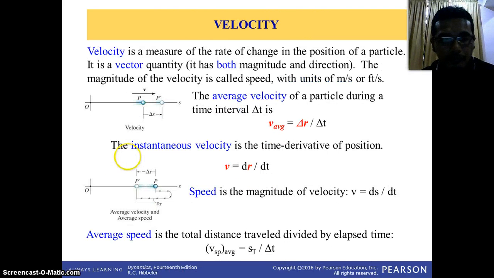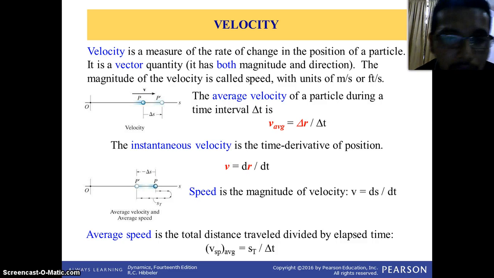When the object moves from point O to point P in a certain time, we can measure the velocity. What is velocity? Velocity is a measure of the rate of change in the position of a particle. It is a vector quantity which has both magnitude and direction.